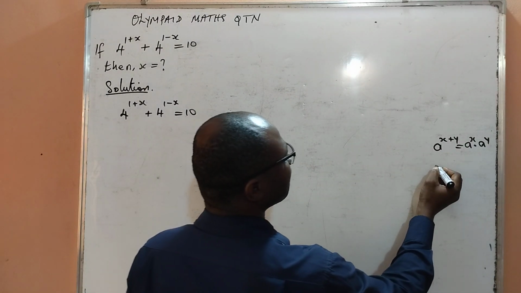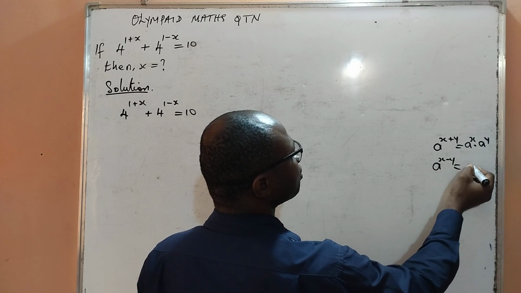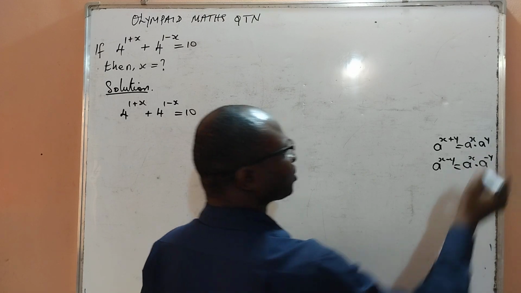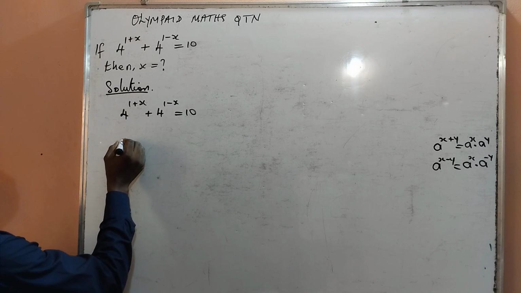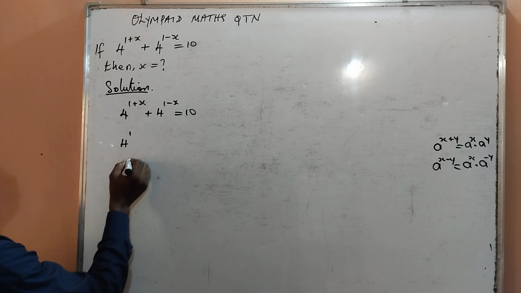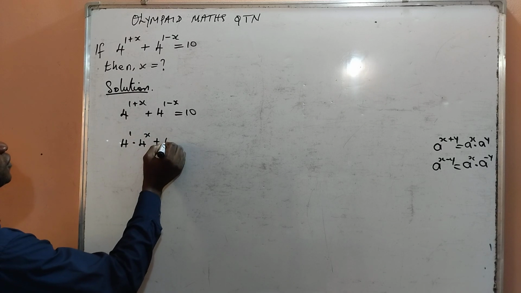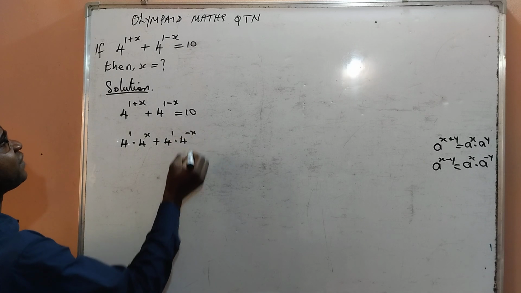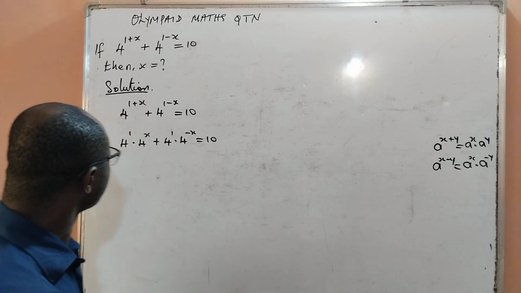Also, if I have a to the power of x minus y, it is equal to a to the power of x multiplied by a to the power of minus y. Putting it up here, this becomes 4 raised to the power 1 multiplied by 4 to the power of x plus 4 to the power of 1 multiplied by 4 to the power of negative x, everything equal to 10.